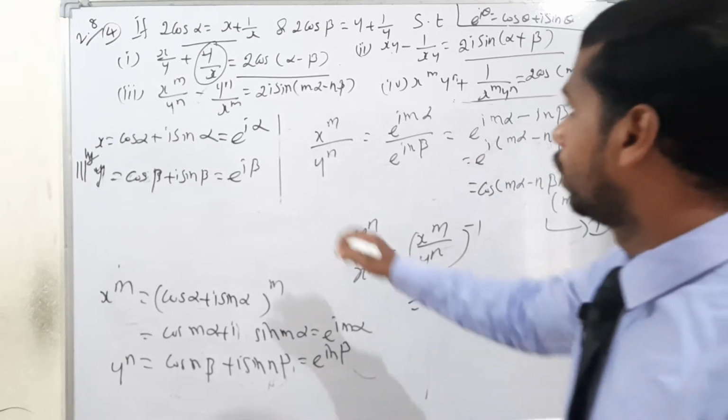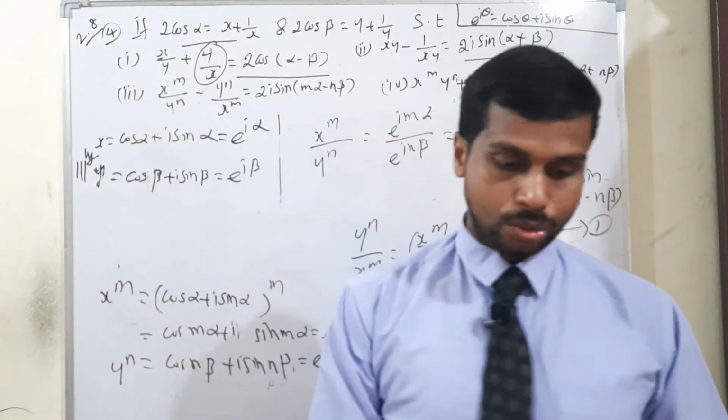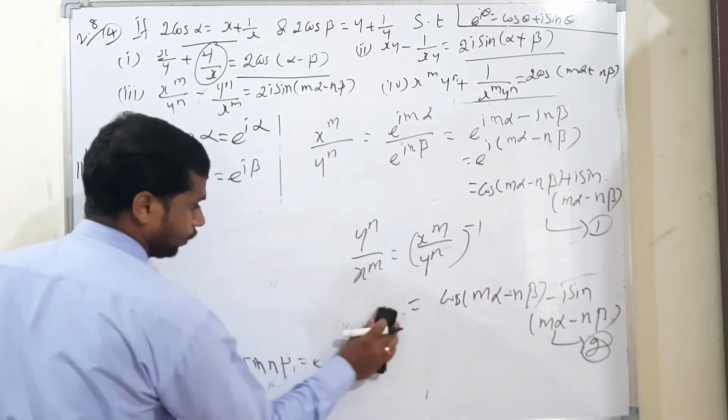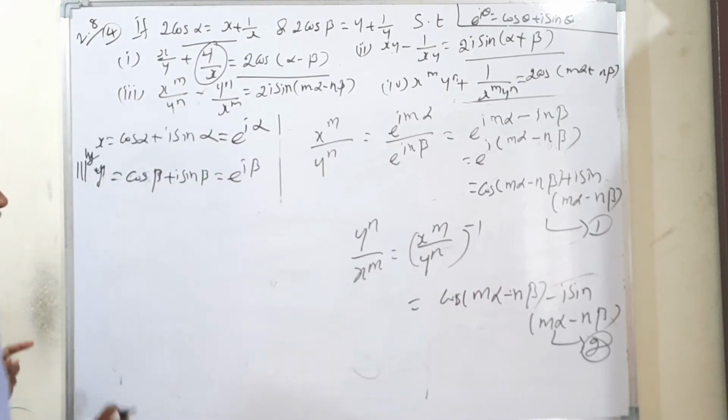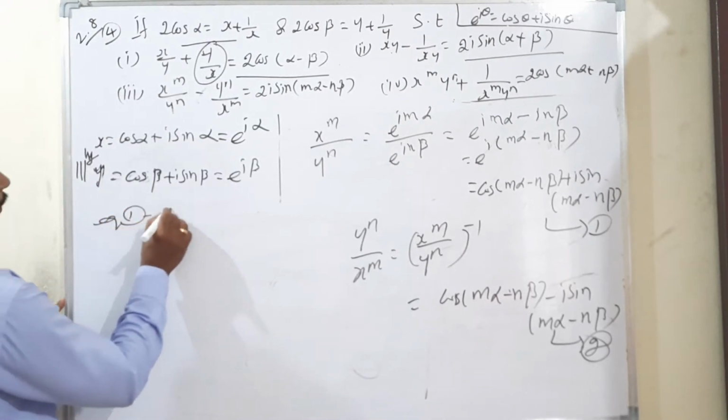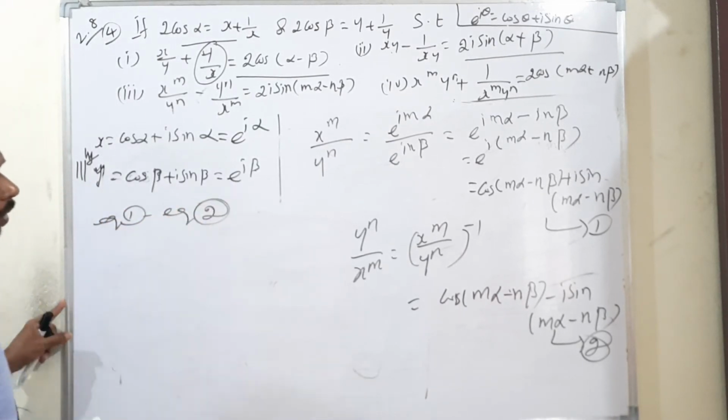What we have to do actually? Equation 1 minus equation 2. What will happen?